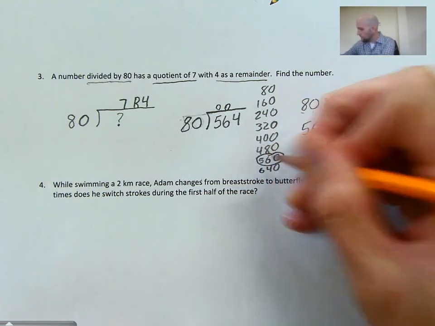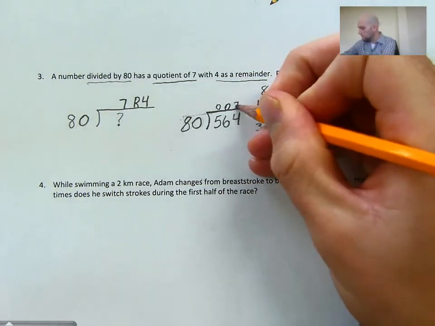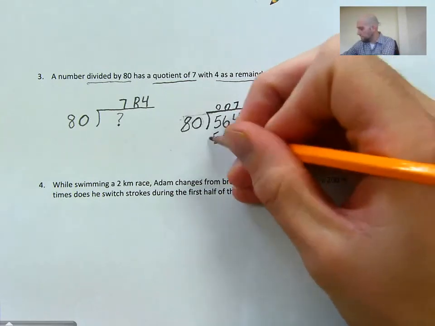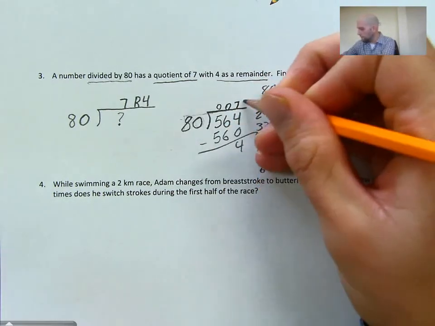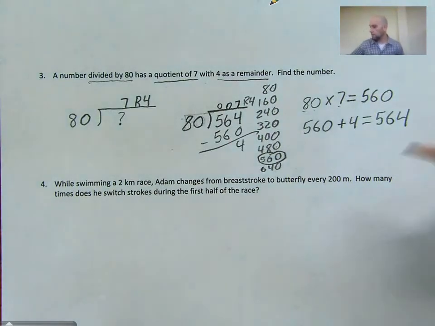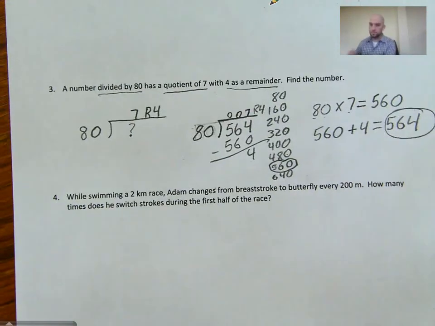All right, 560 right here. 1, 2, 3, 4, 5, 6, 7. And then when I subtract 560, I get 4. Remainder 4. So I checked my work. I found out that this number is 564.